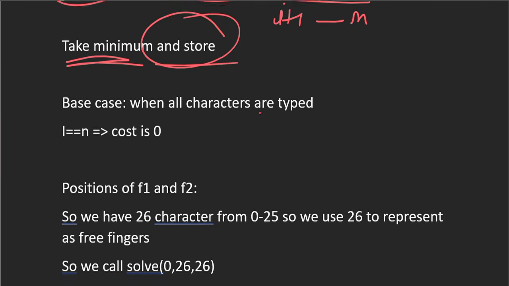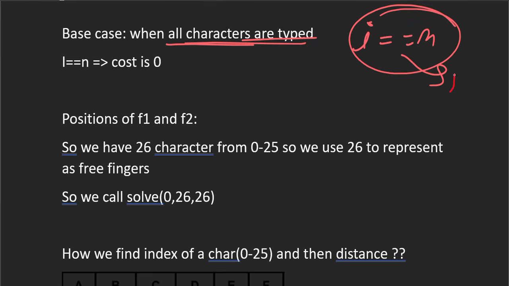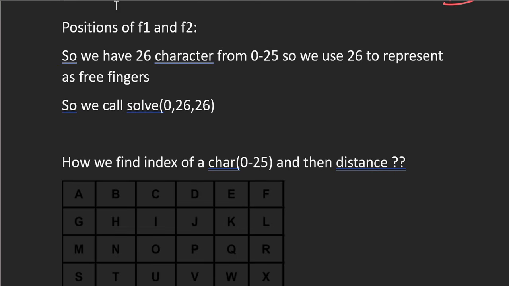So what will be the base case? If you'll see the base case is like when all the characters are typed, that means our index is equal to n. So if all characters are typed, then the cost will be 0, so we return 0. Now how we'll be finding our positions of finger F1 and F2? So we have already discussed, we have 26 characters from A to Z and we are representing that from 0 to 25.